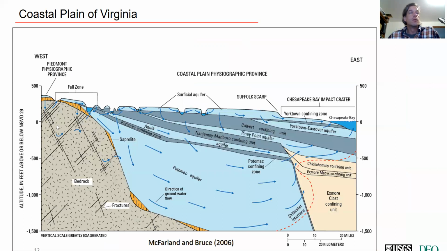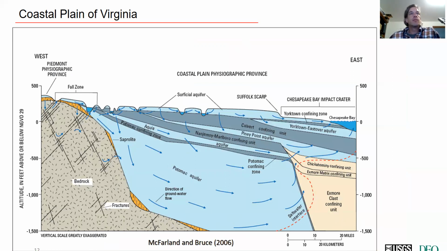And so here's a cross section of basically the present day coastal plain. It's not to scale. It's what we call vertically exaggerated, meaning that it's a lot thicker relative to the distance depicted than it is in real life. But what the vertical exaggeration does is give you the ability to look at the different components of the system and understand it better, because they're not all squished down.